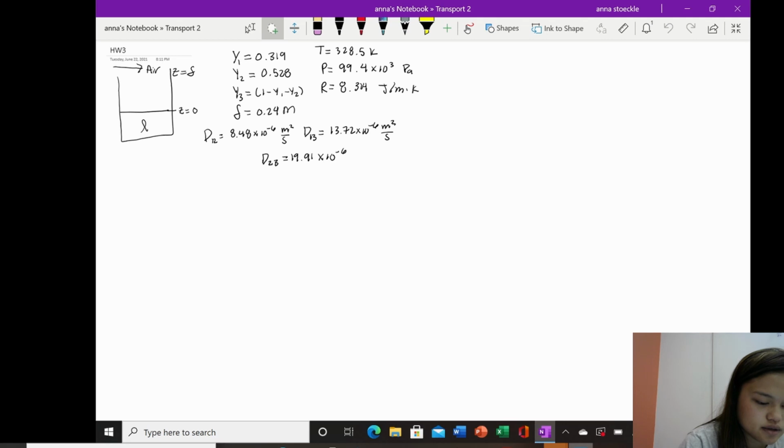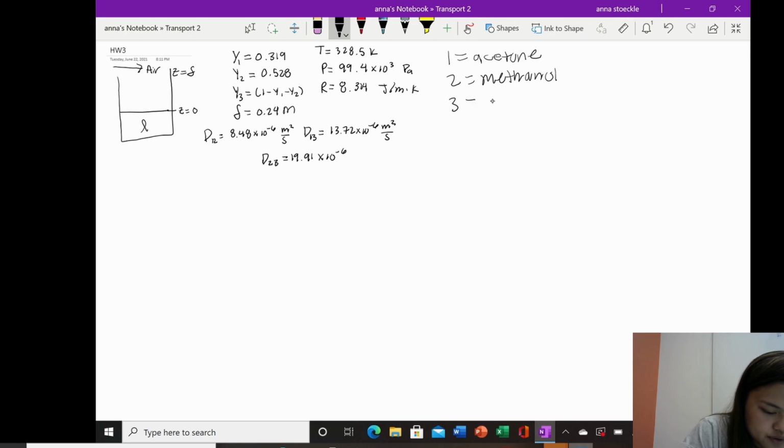Let's set some other variables. We're going to make 1 equal to the acetone, 2 is for the methanol, and 3 is for the air.